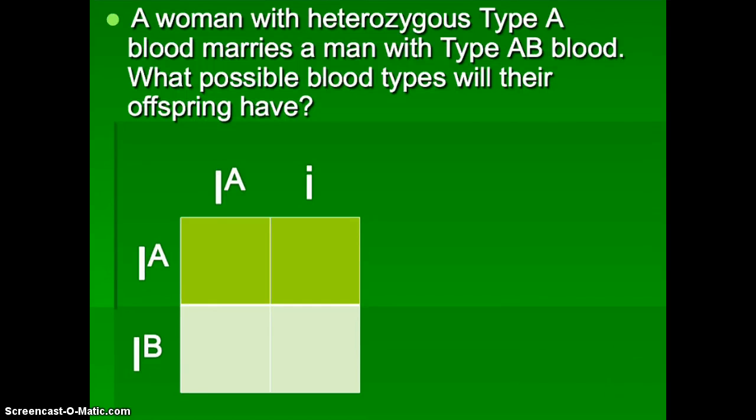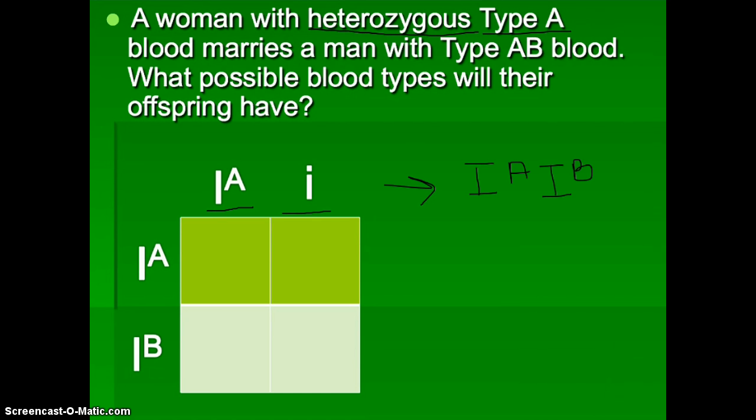Okay, the last little piece that we'll do with this, again, is predicting the outcomes of genetic pairings, genetic crossings. So if you have a woman who has heterozygous type A blood, remember, heterozygous, we're going to have 2 different alleles, and it's for type A. So we know that she must have a big I with an A and a little i, because we could not have this because of the co-dominance.